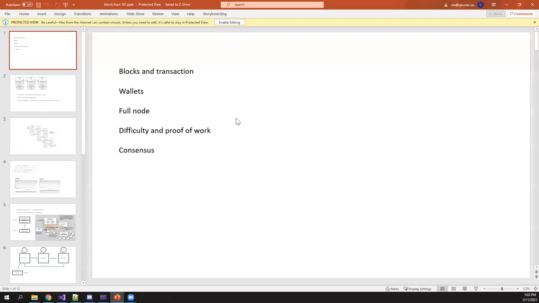So I'm going to cover these 5 basic concepts. Probably try to spend 7 or 8 minutes on each one. These are the different pieces of blockchain technology that all work together to make things like Bitcoin do what it does. And it's important to note that they all connect in some way.